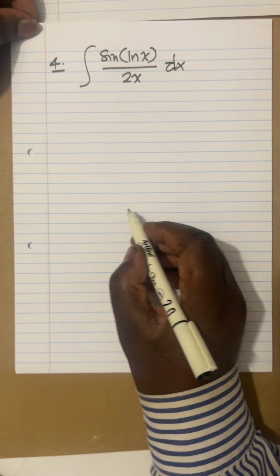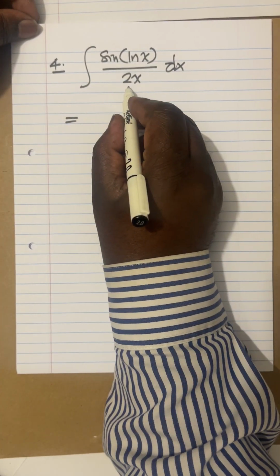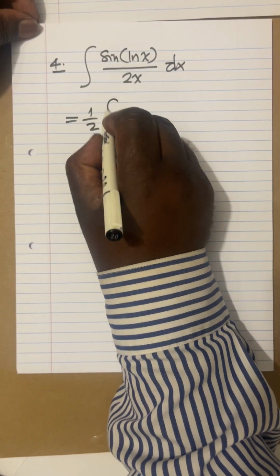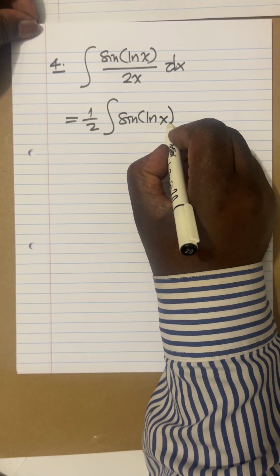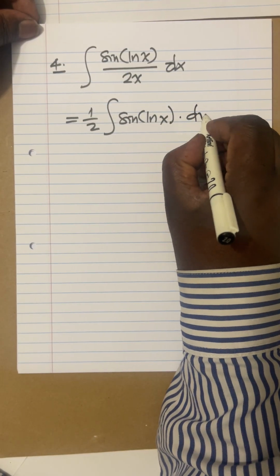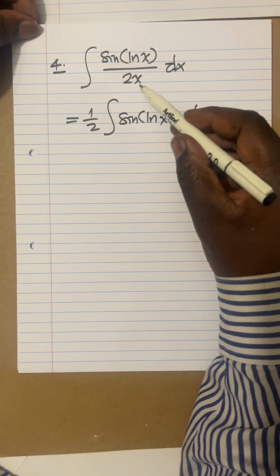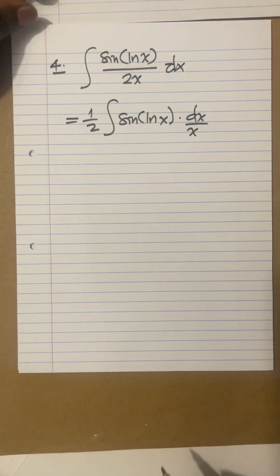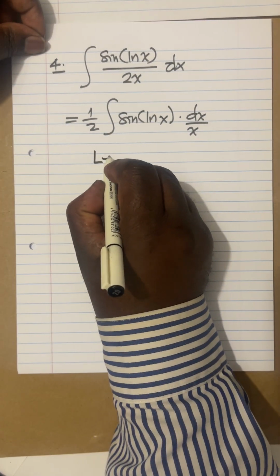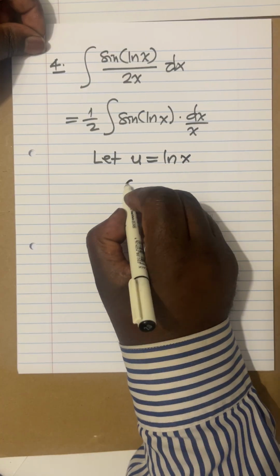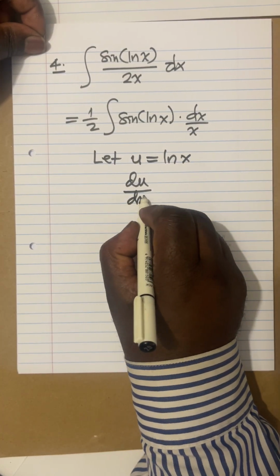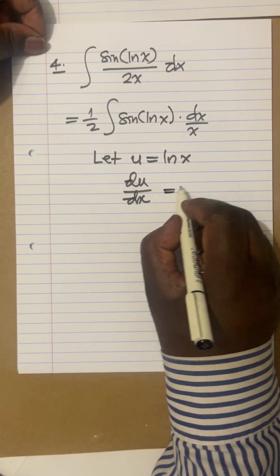I'm going to rewrite this. Remember, half is a constant, it must come out, and then I'm going to have sine of natural log of x, and then times dx over x. Remember, the 2 and the x are dividing, so I can write it like this. At this stage, I'm going to let u be equal to natural log of x, and therefore du over dx is actually equal to 1 over x.